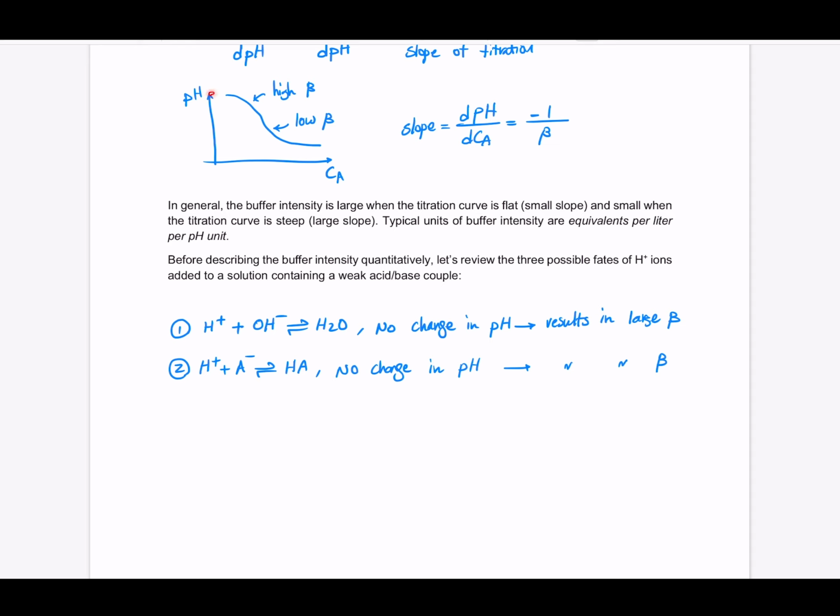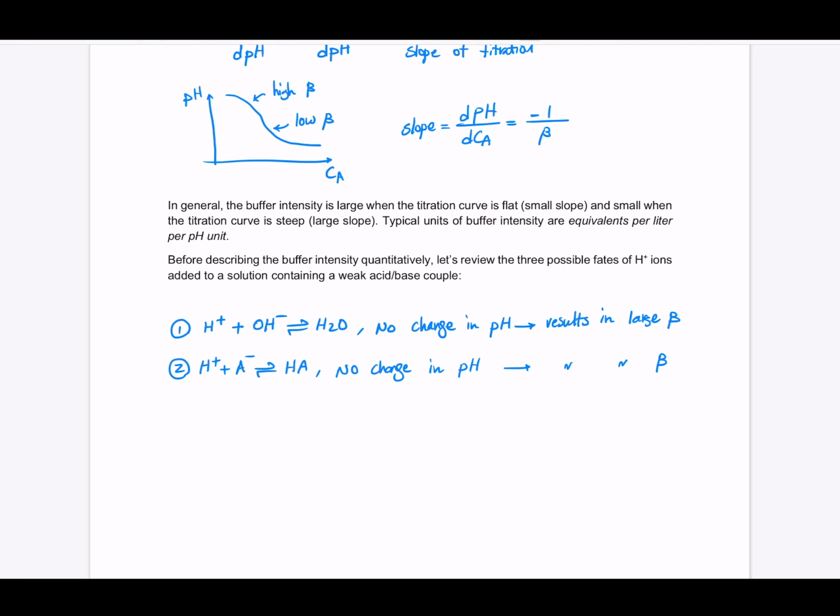So as mentioned, we are dealing with this region, a flat region. So it seems we have some contribution to the total buffer intensity related to the presence of a weak acid.